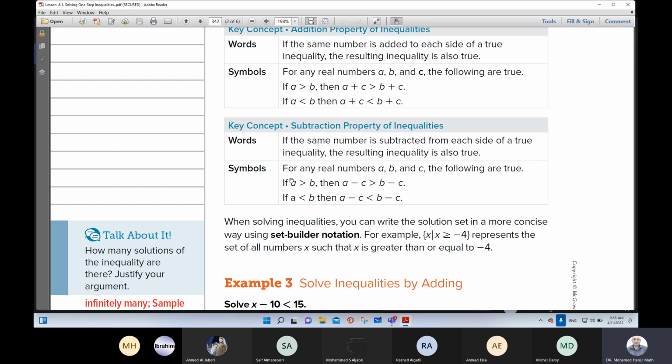So if you have this inequality A greater than B, if you subtract the same value from the two sides, minus C here, minus C, you will find you have the same sign, no change in the inequality. And if you have A less than B, if you subtract the same value from the two sides, so A minus C here and B minus C here, as you see, no change in the sign. So it means you have a true inequality. This is the meaning of the subtraction property of inequalities.